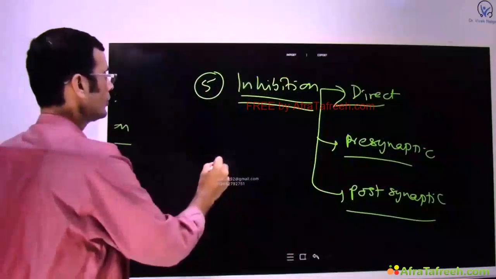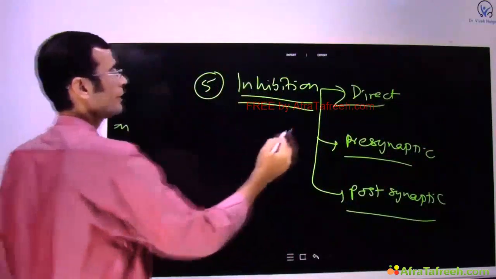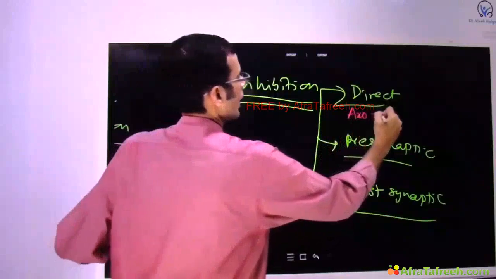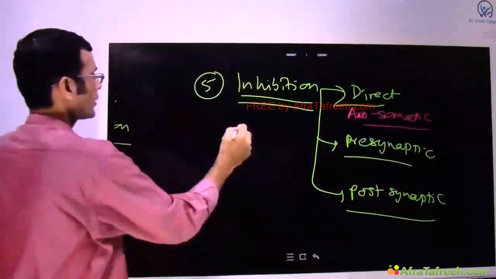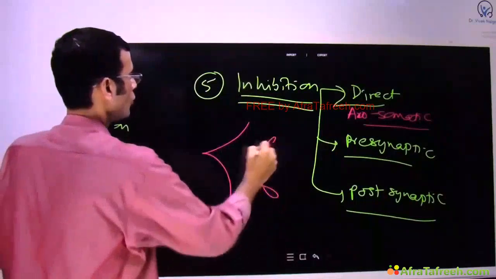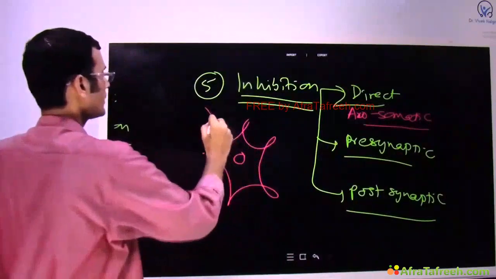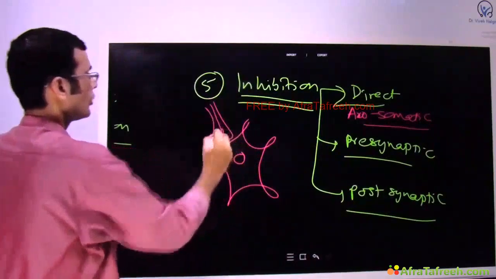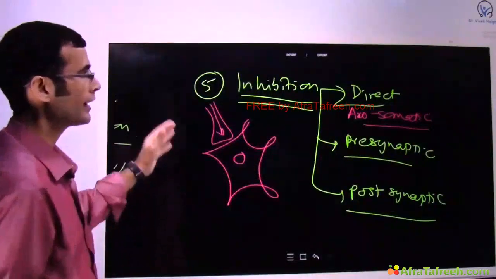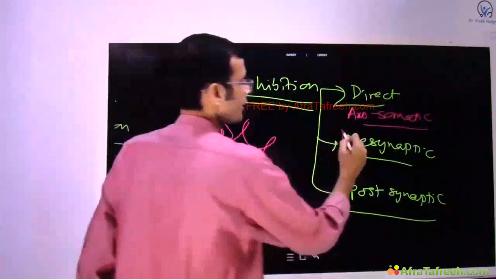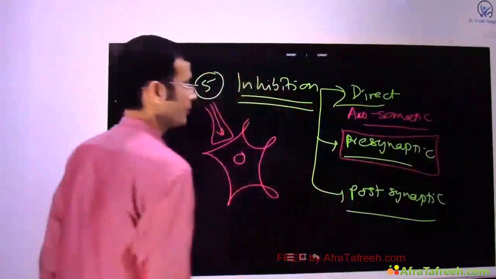Direct inhibition, the example is axosomatic synapses, that the axon of the first neuron ends on the cell soma of the next neuron and it directly inhibits that next neuron. That's the direct inhibition. Second, presynaptic inhibition.